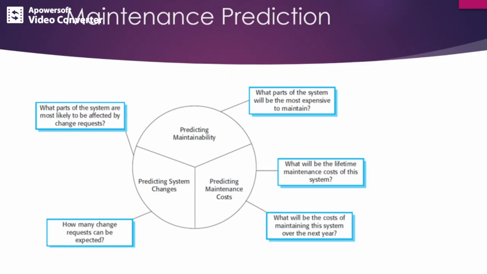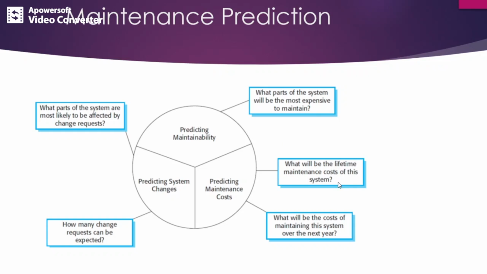Next, we'll see the maintenance prediction. How do you predict the maintenance? You can see here in the figure, we have predicting maintenance cost. We are going to predict the maintenance cost required. What will be the lifetime maintenance cost of the system?